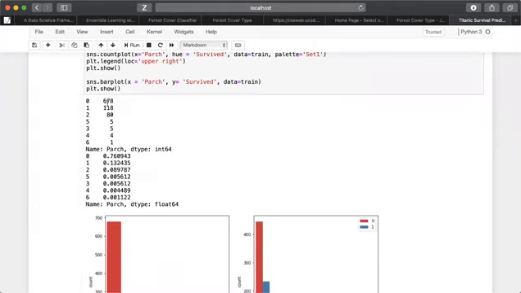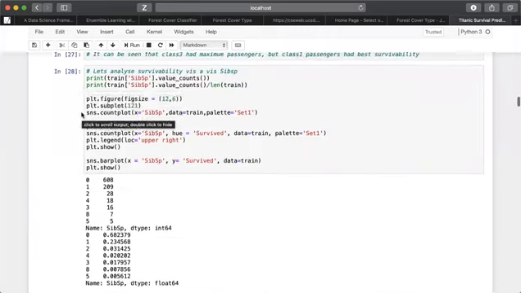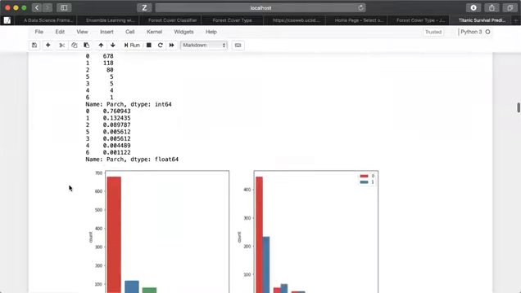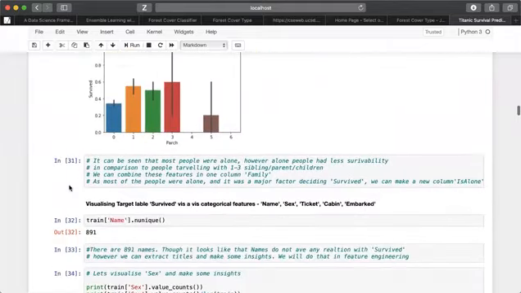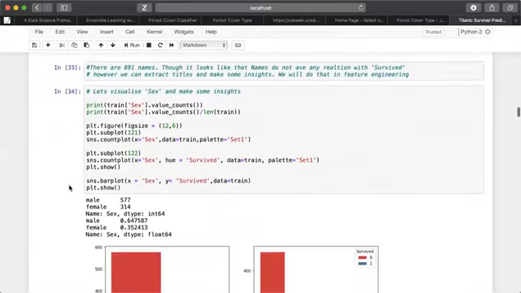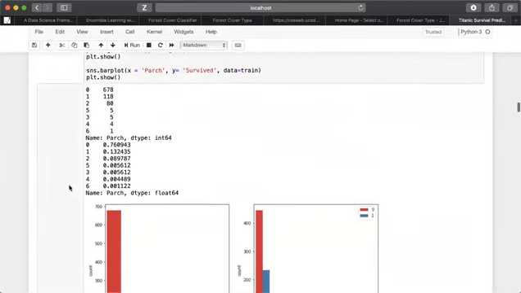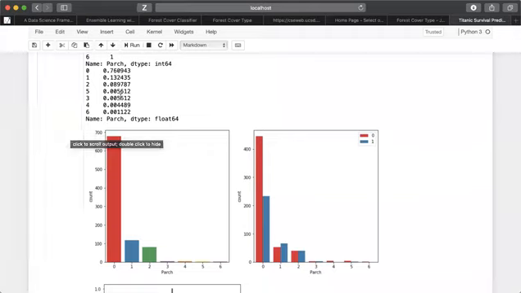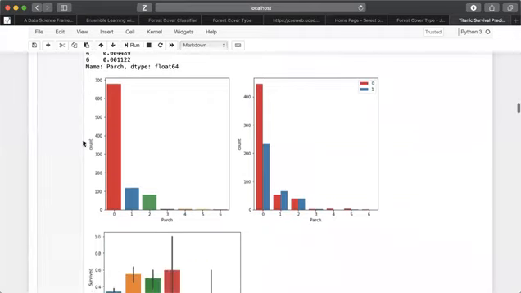So if we see this from parch and the same from sibling support, we see that more than 600 people were traveling alone. Percentage wise, 76% without any parch, then 13%, and gradually it has decreased. This is depicted visually on the left plot.